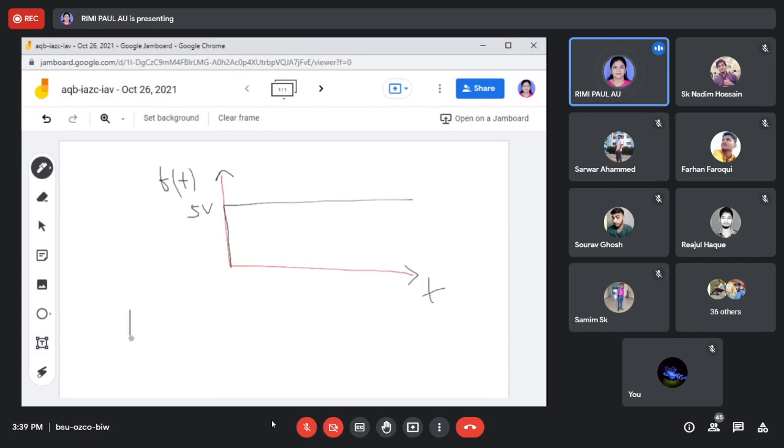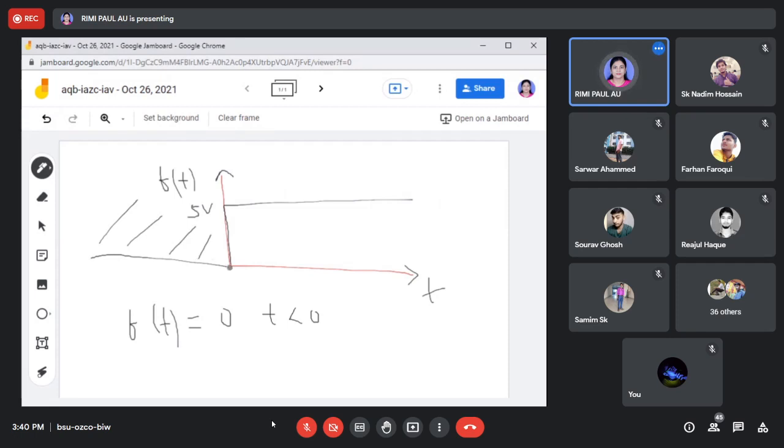Now I can write this f(t) is 0 when t less than 0. So you can see that in this portion there is no signal.